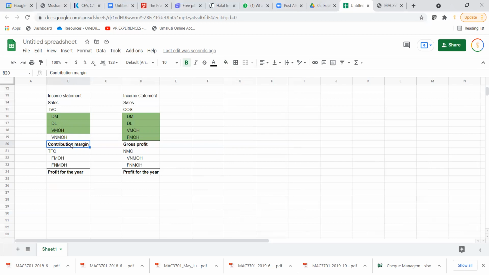If you're dealing with a variable costing system, you must make a clear distinction. Remember, contribution margin is sales minus all variable costs. So it is all variable costs relating to manufacturing as well as non-manufacturing.